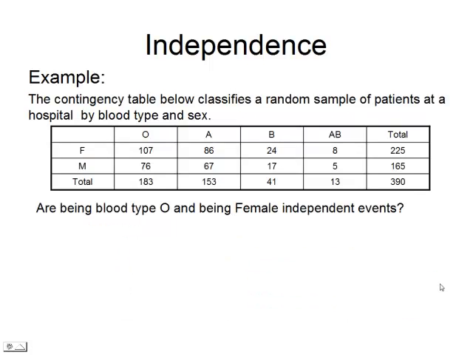Let's look at a contingency table that classifies a random sample of patients at a hospital by blood type and sex. Are being blood type O and being female independent events?